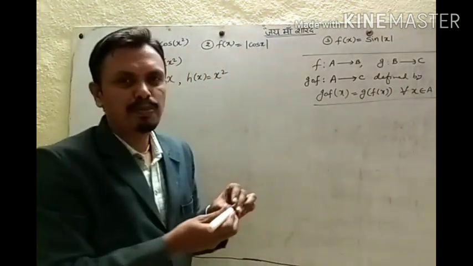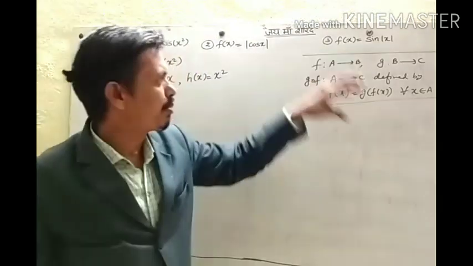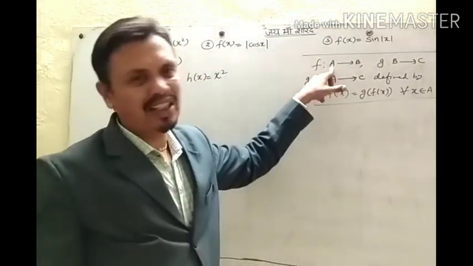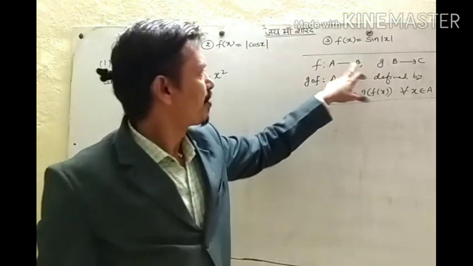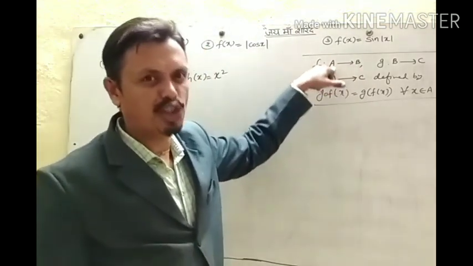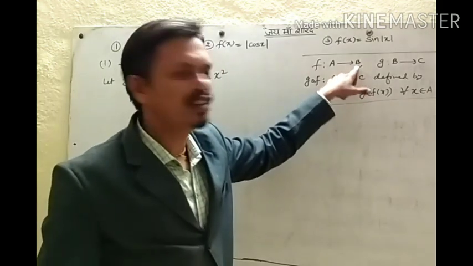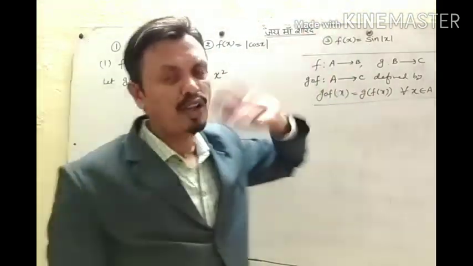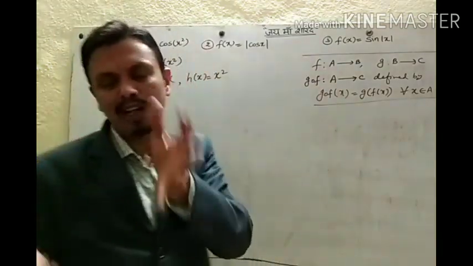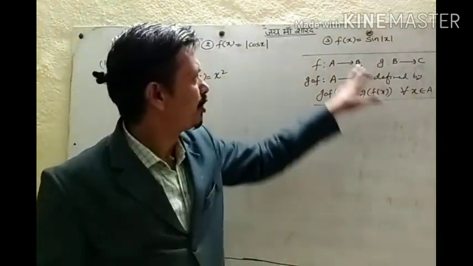Okay? One simple thing you can understand using one example. You all 12th class students will get one roll number for your final exam. Okay? So this is the set of students of 12th class. This is the set of roll numbers of 12th class students. So when you apply for your exam form, you get a roll number.